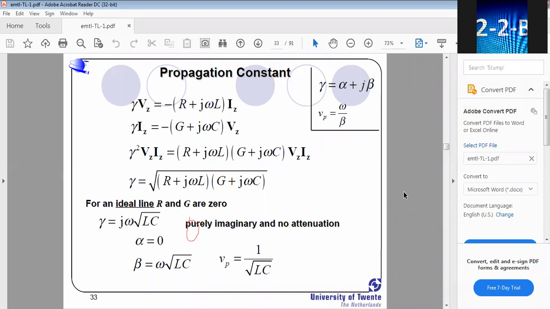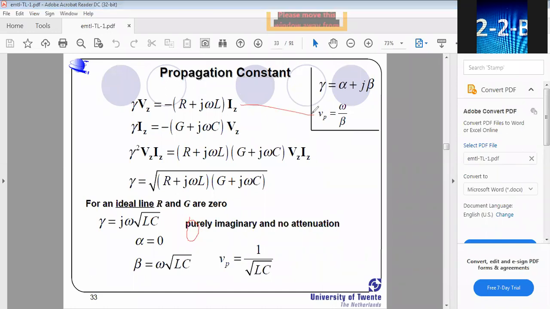These are the fundamental expressions for propagation constant and characteristic impedance, in order to define whether the medium is wired or wireless, and for wired mediums, whether it is lossy or lossless. Gamma equals alpha plus j beta, and phase velocity equals omega by beta. Already you know. In the previous case, to define the characteristic impedance Z naught, we simply defined it.